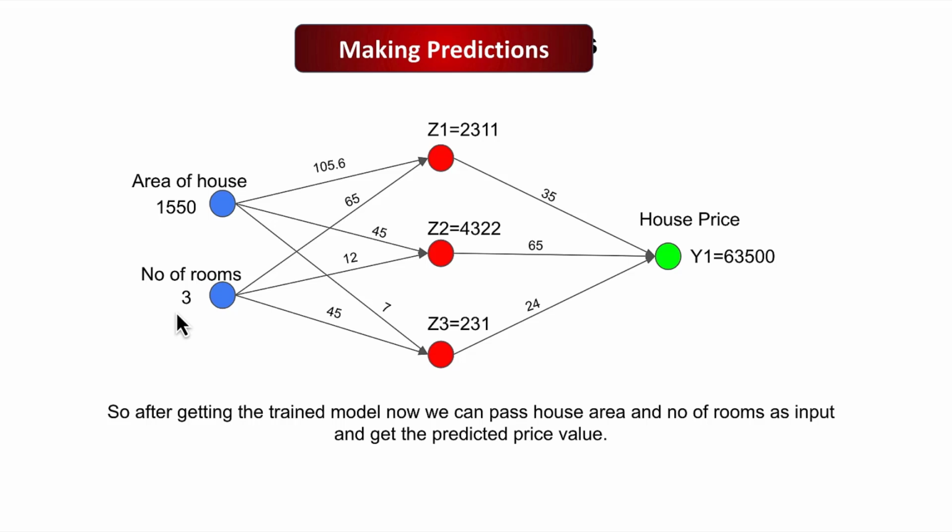Like somebody told me that his house area is 1550 and the number of rooms is 3, and now he wants to get the predicted estimate for his house price. So we are going to pass his area and the number of rooms here, and then using those formulas, the values for Z1, Z2 and Z3 will be calculated. And after that, applying the same formula but using these new weights, we are going to calculate the value for Y1, and that will be the predicted value of this house price.